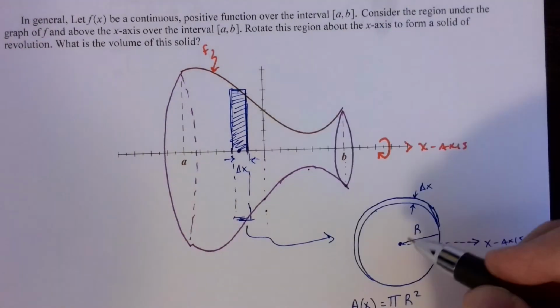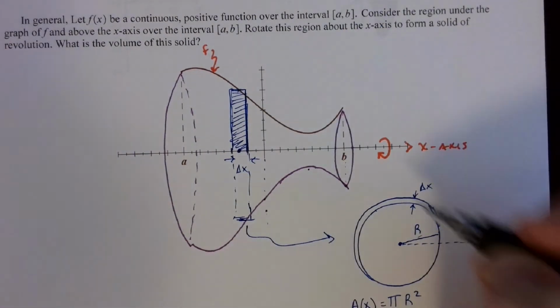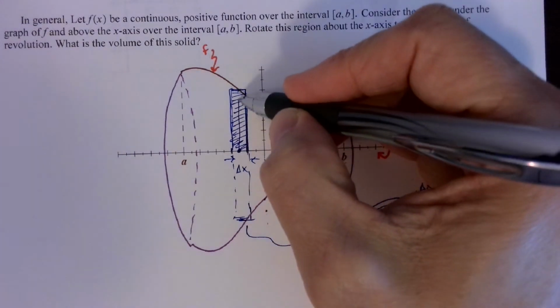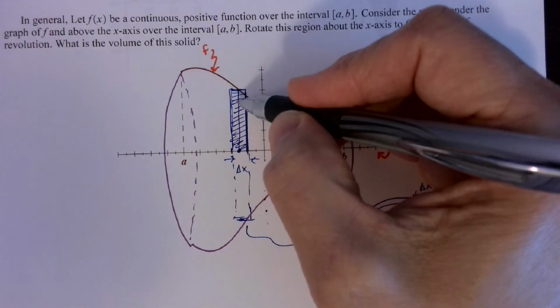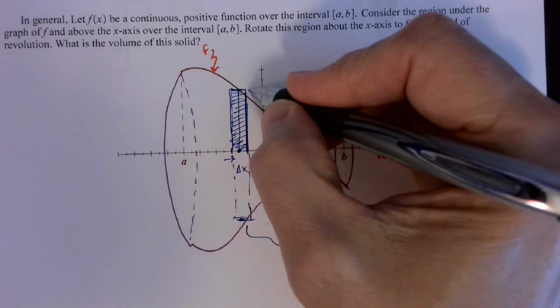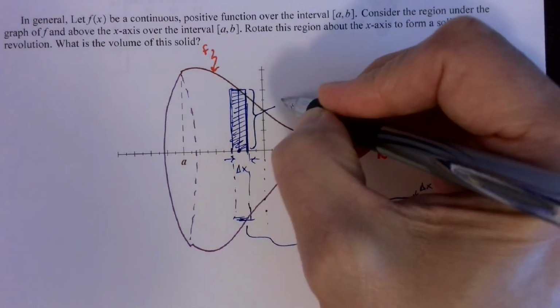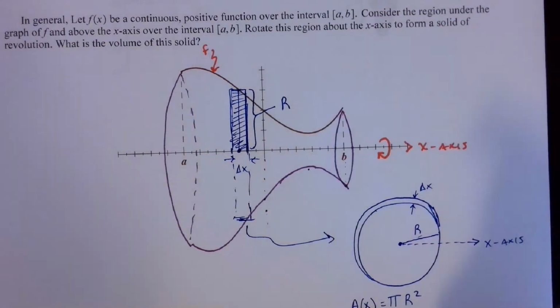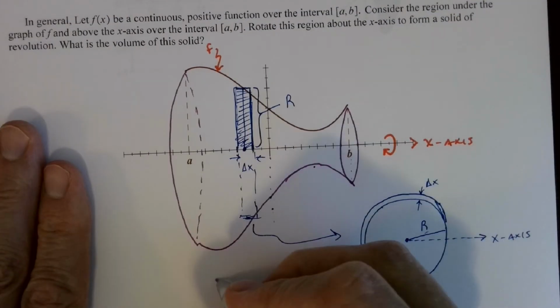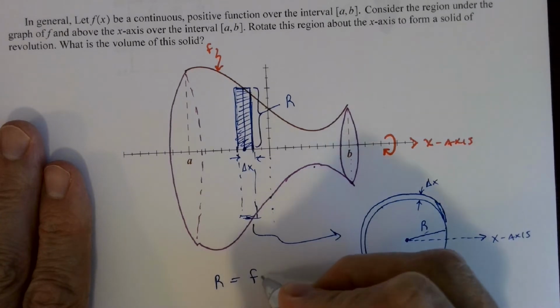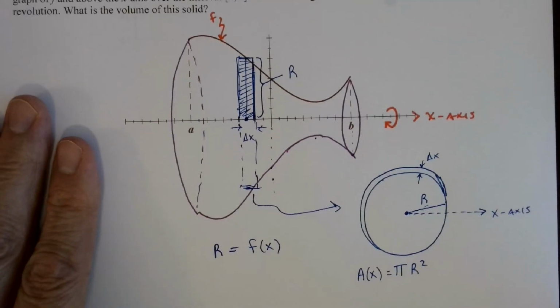And so from the x-axis to the top of the rectangle, that right there, that's what R is. So the height of this rectangle is R. And what is R? It's just the value of the function, right? Notice that R is just f of x in this case. Just the height of that function.